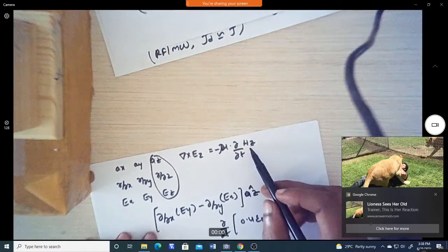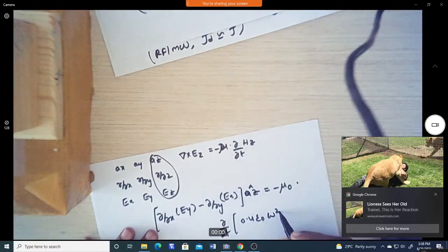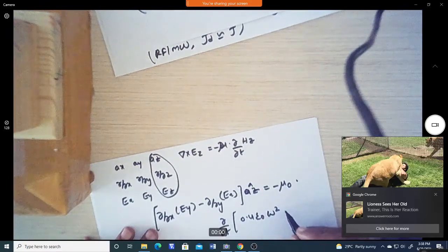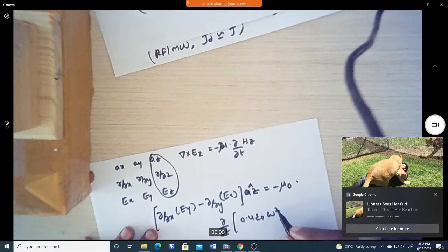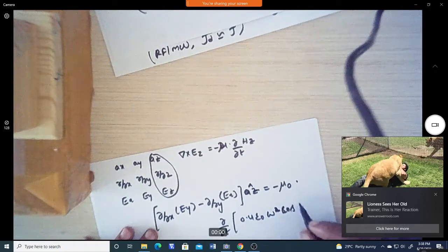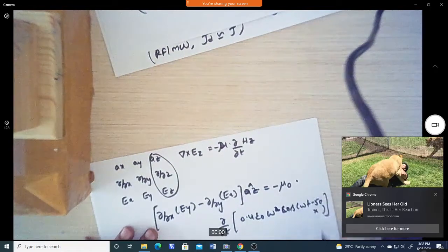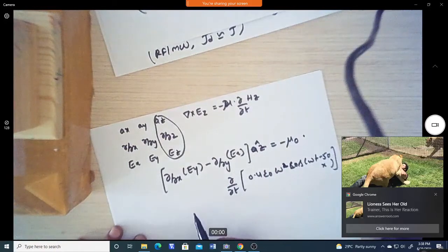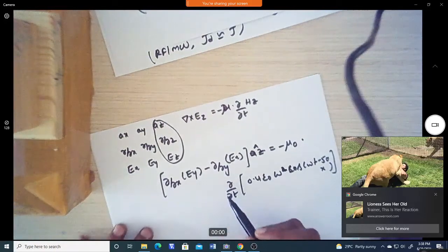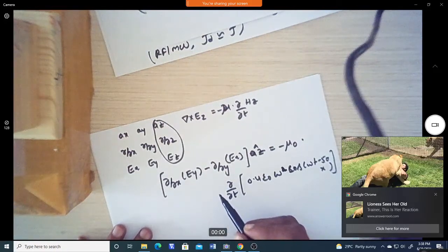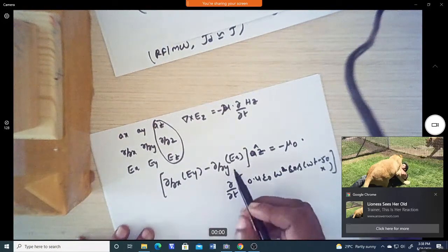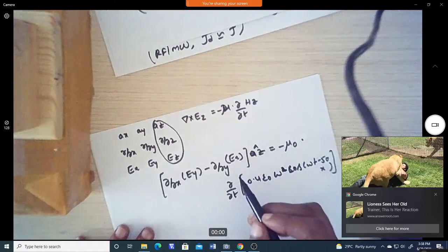Differentiate Hz, we are going to get omega square into, okay, let us differentiate omega only. One more step we will write: cos of omega t minus 50x. So let us write one more step. So now we have only the ez component.